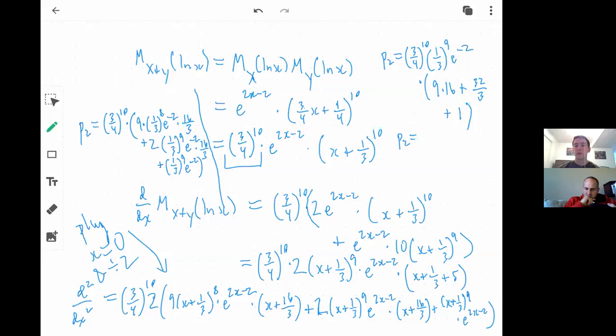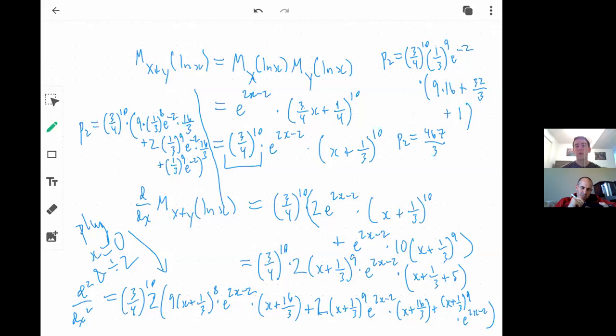Okay, can you do that fraction? 9 times 16 is 144. Yeah, so you get 144 plus 432 plus 32, right, because you multiply by 3, so you get 467 over 3.